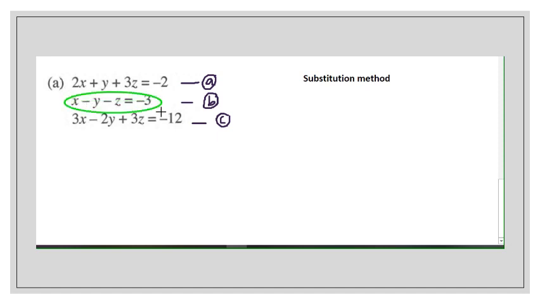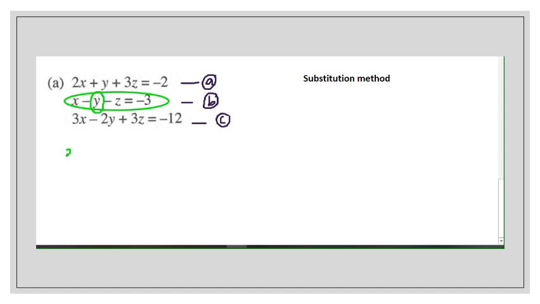Okay, now I choose equation B. What to do in equation B is to get one variable in terms of the other 2 variables. Now I choose variable y.